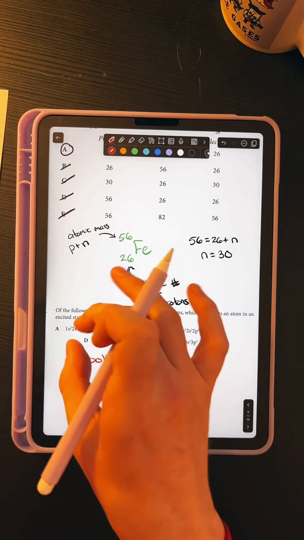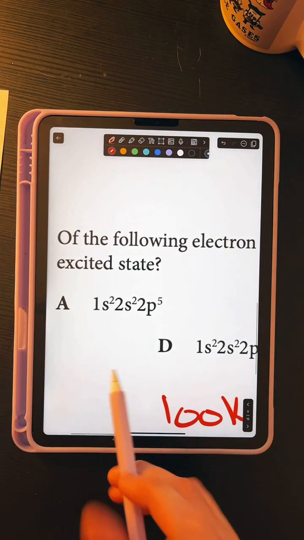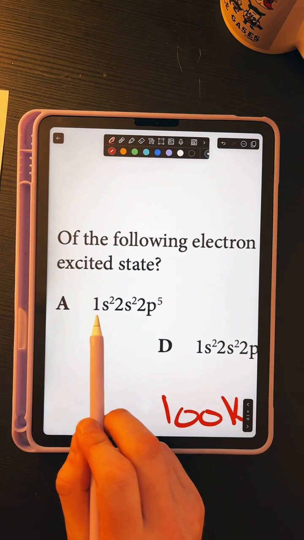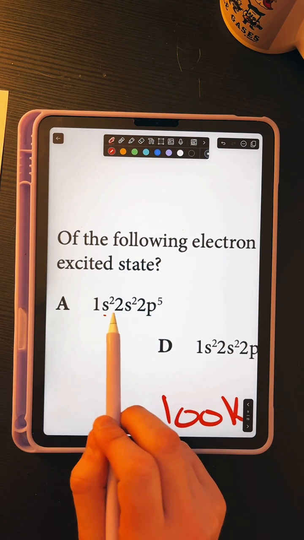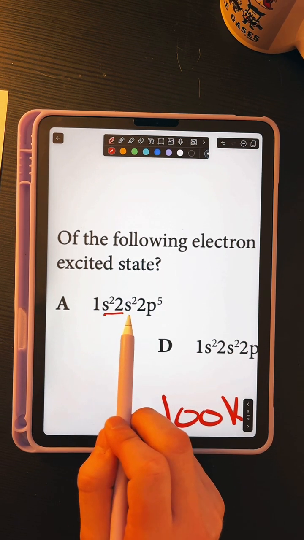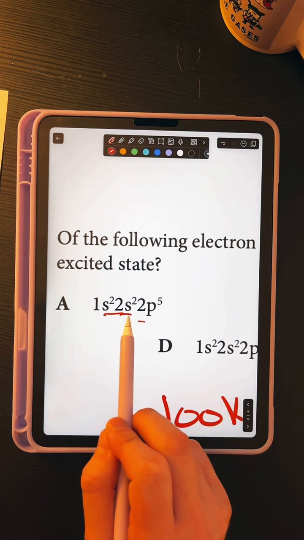Well, if we look at choice A, 1s2, an s orbital can only have a maximum of 2 electrons. So that's completely filled, so we can move on. 2s2, again, that's completely filled, and then we move on.